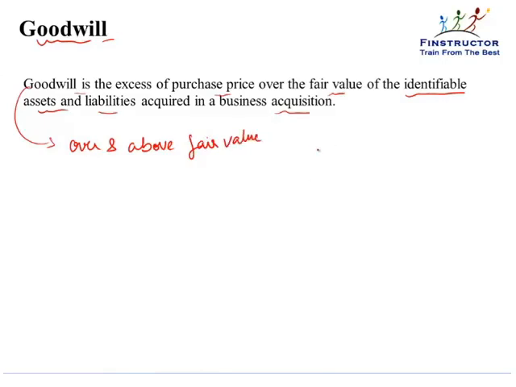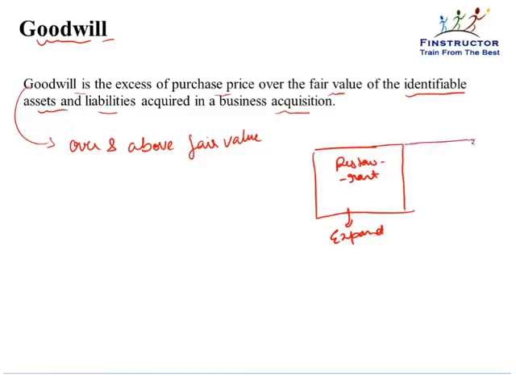So let's assume that you started a restaurant and the restaurant has started to do very well. Now you're short of capacity, so you want to expand the business, that is, add a little more seating capacity to your restaurant. If you have a requirement like this, would you necessarily need to buy the adjacent store or the adjacent space? Because that's the only way you can expand your restaurant.